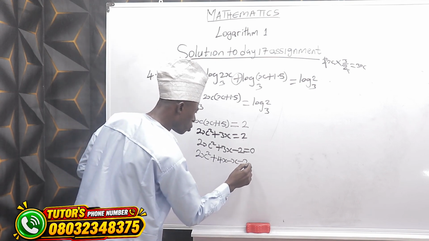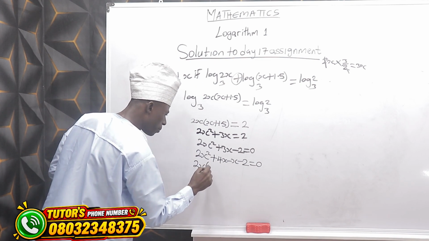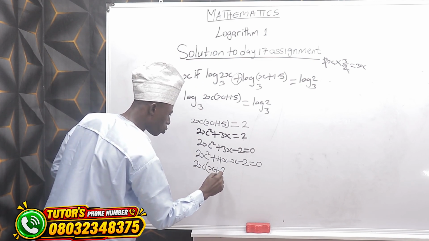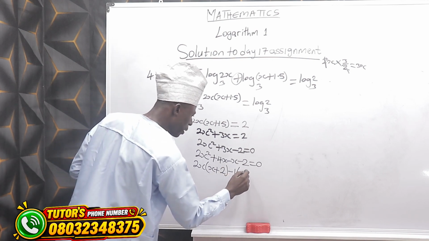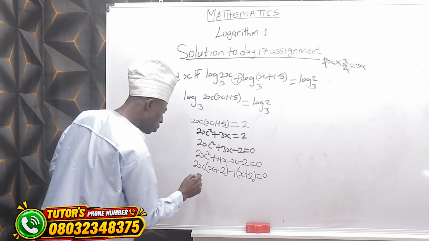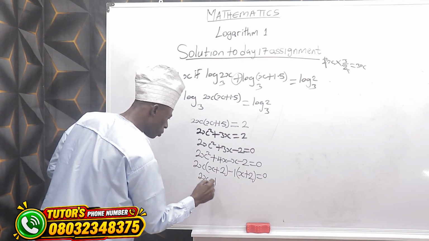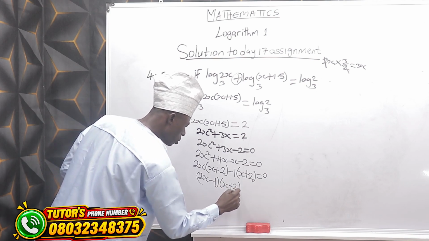So minus 2 equals 0. 2x is common here to give us x plus 2 minus 1 into x plus 2 equals 0. So 2x minus 1 into x plus 2 equals 0.